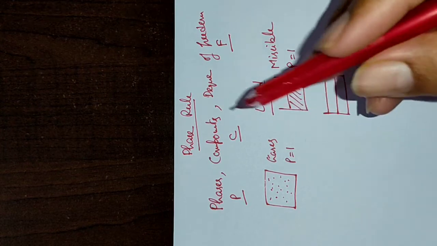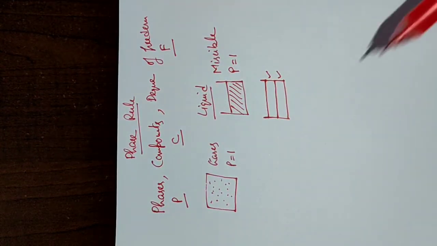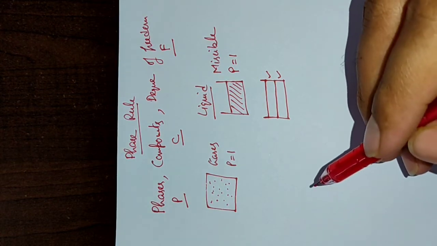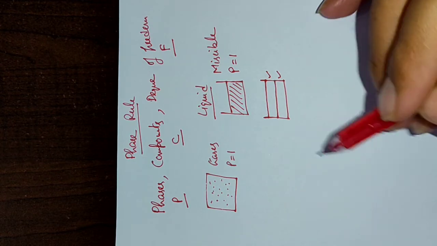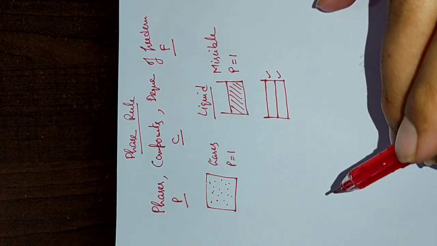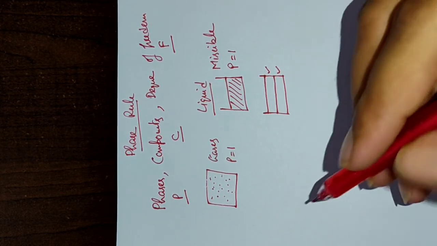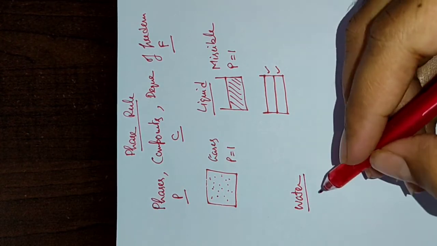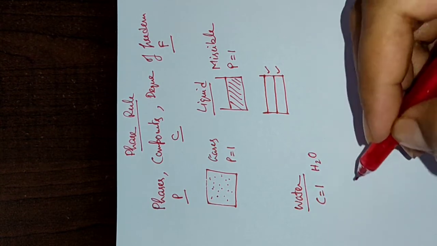Next we have component. It is the smallest number of independent chemical constituents by means of which the composition of the entire system, that is each and every phase, can be expressed. So if you have water only, then what will be the number of components? C will be 1, and that is H2O.